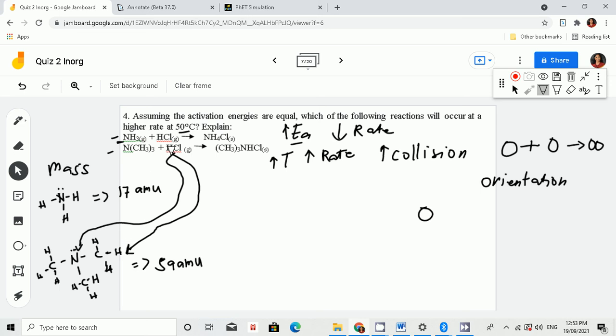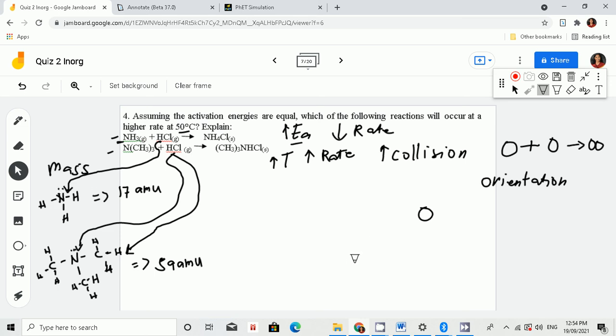It can lead to a successful collision only if it collides with the N at the center, and that is difficult because the molecule spins, so there are times that the HCl cannot reach the nitrogen. But with ammonia, the HCl can easily collide with the nitrogen because it's small.